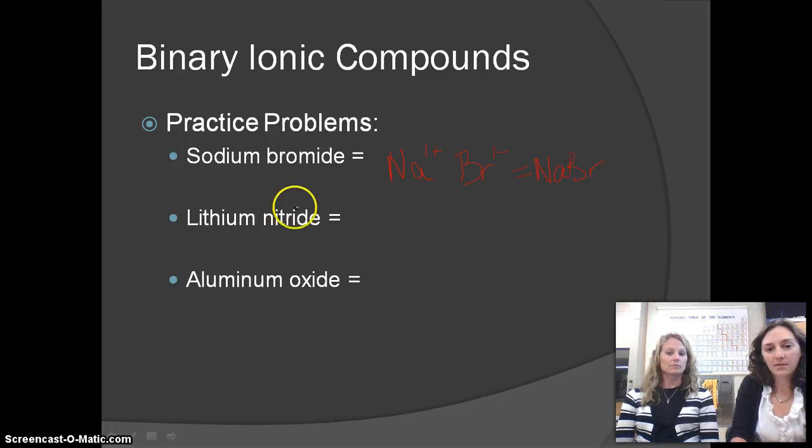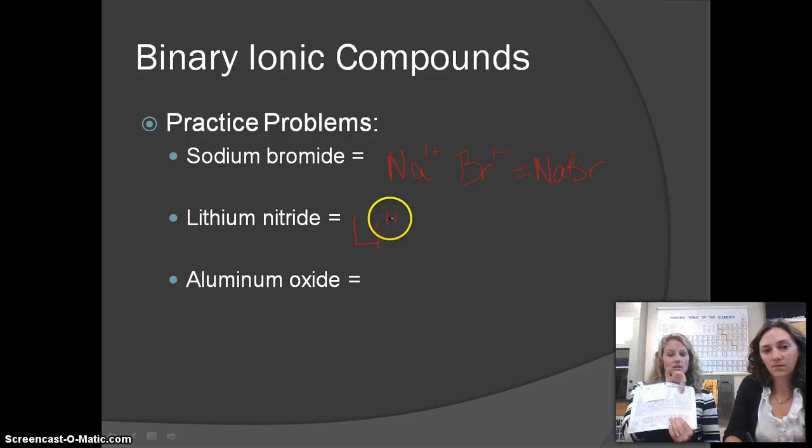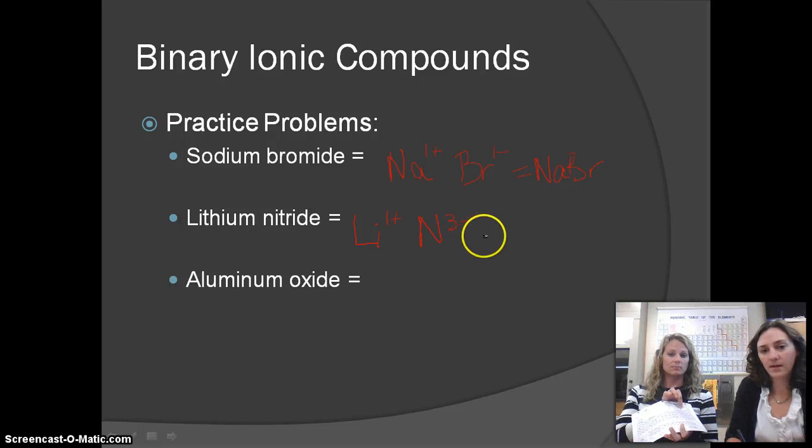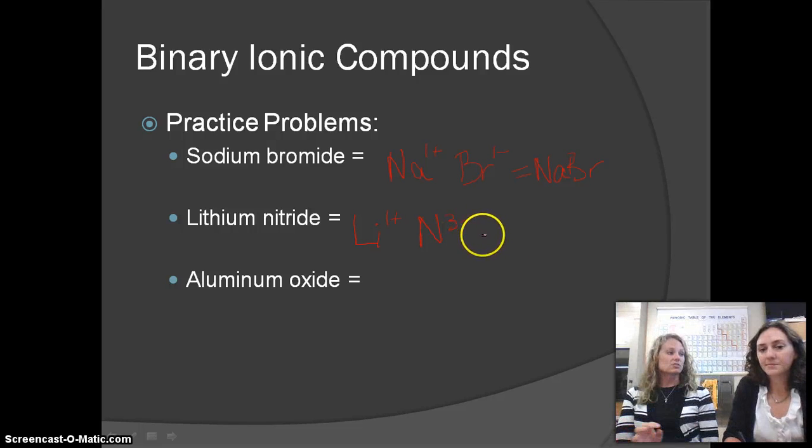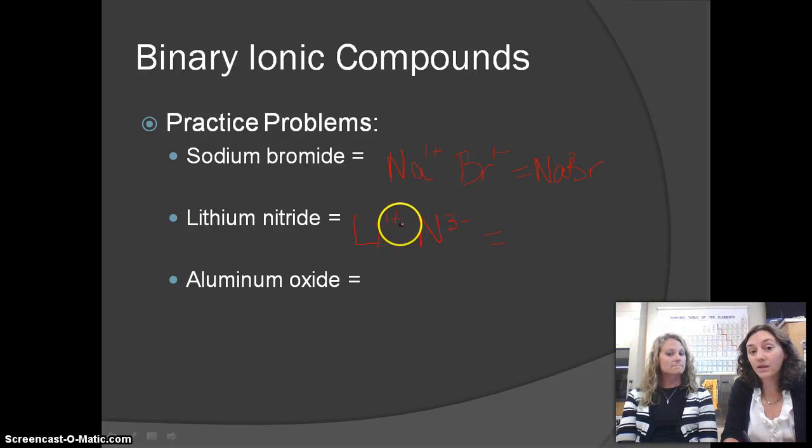Okay, lithium. What's the symbol for lithium? Li. What group is it in? Group 1, so it's +1. Nitrogen's in group 15, which means it has a 3- charge. They don't match. What are we going to do? Lithium has a +1, nitrogen has a -3.